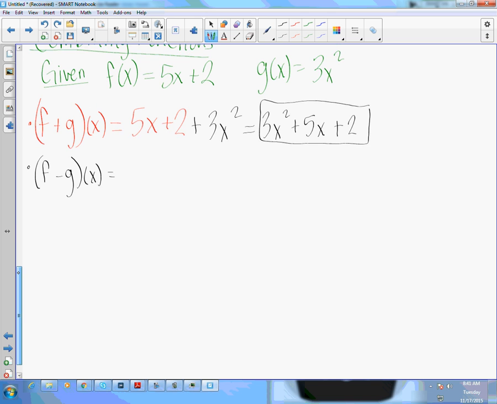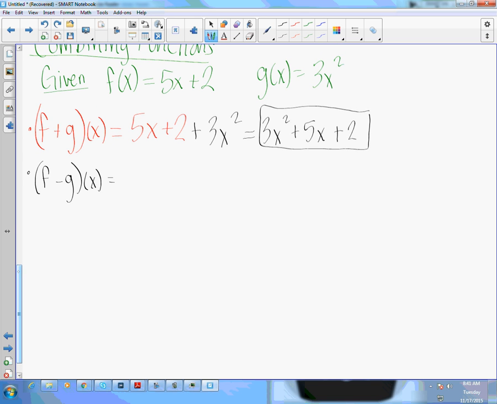What's the f function? 5x plus 2. Now you have to make sure you subtract everything of the next function. In this case, it's only one term, so it's not so bad, but if there are multiple terms, make sure you have parentheses. Minus 3x squared. So we get, in standard form, negative 3x squared plus 5x plus 2.